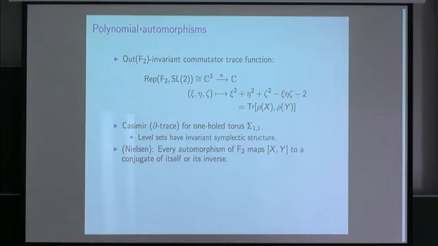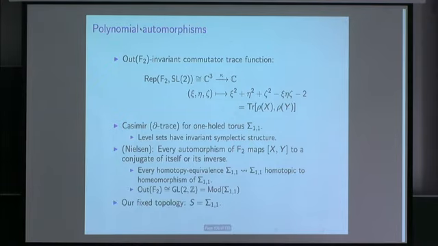And so this is three-dimensional, so it can't be symplectic, but the symplectic leaves are surfaces, and they have an area form, which is invariant. Okay, so I'm going to be looking at the level sets of this function and describing this. So Nielsen's theorem has the effect of saying that the Out(F2) action is actually the action of the mapping class group when we work with this particular surface.